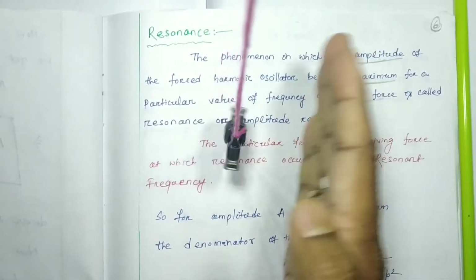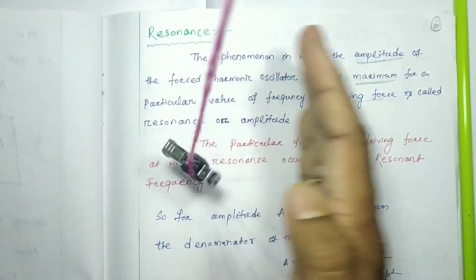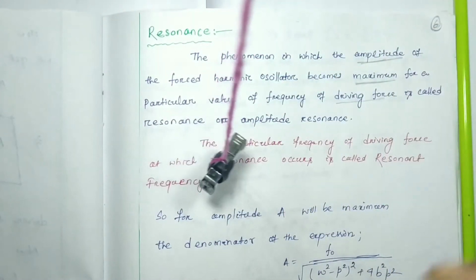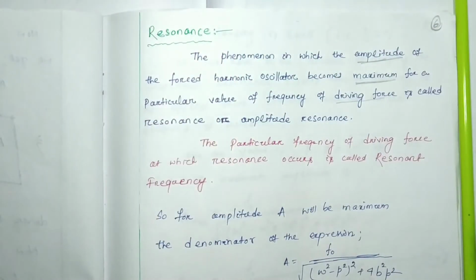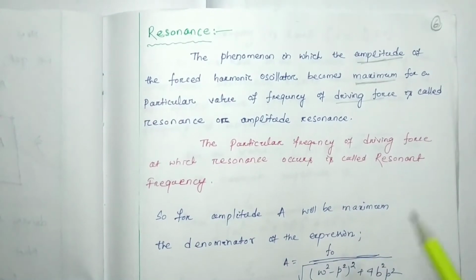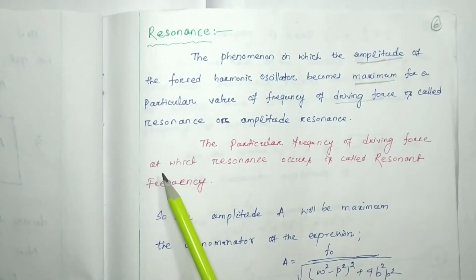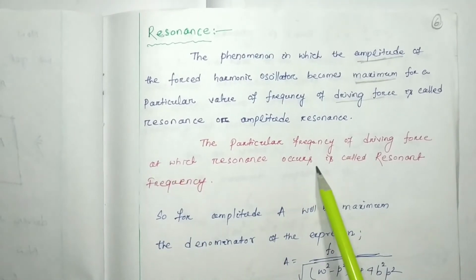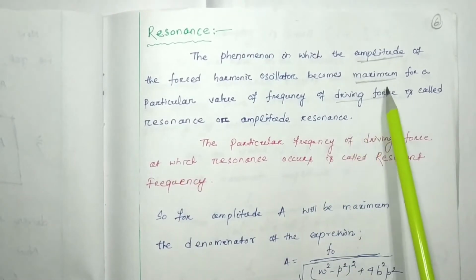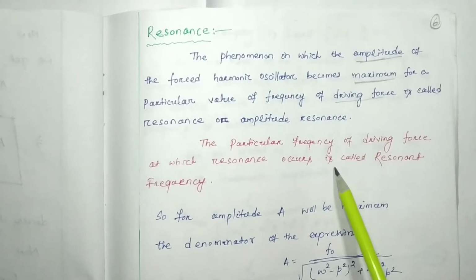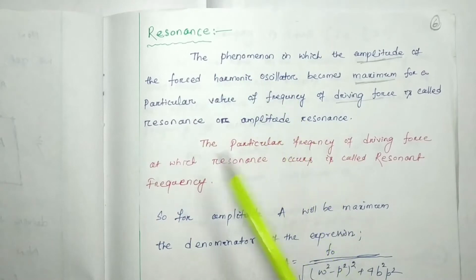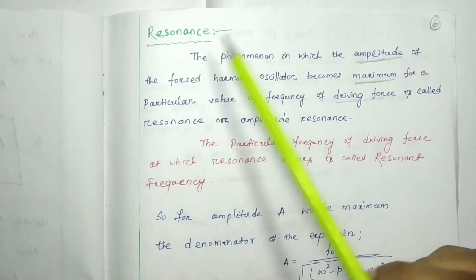This is one frequency, this is another frequency, another frequency, like this. So for a particular frequency of the driving force at which resonance occurs, meaning we get maximum amplitude, is called the resonant frequency. That's it. This is all about the concept behind resonance.